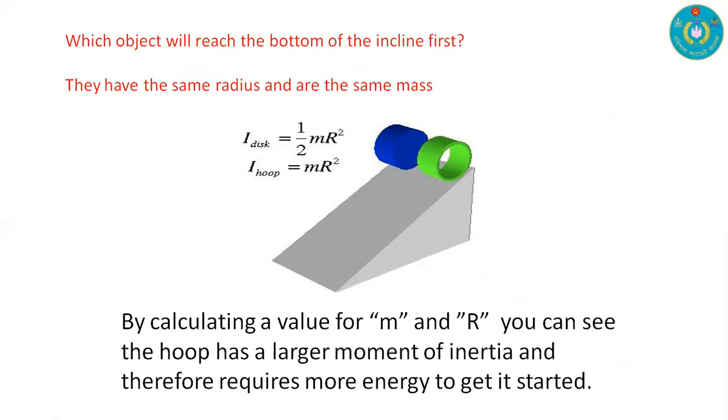So we can conclude that the hoop will reach the bottom of the inclined plane after calculating, since the hoop has a larger moment of inertia and therefore requires more energy to get started.